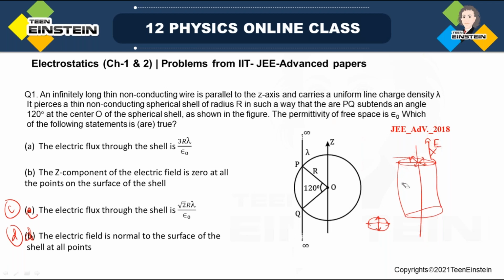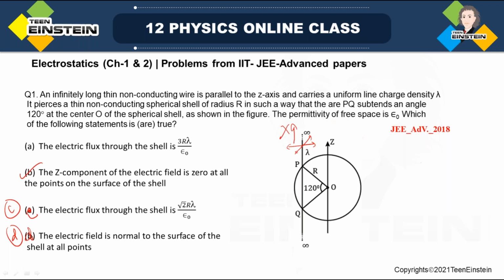So look at the second option: the z component of the electric field is 0 at all points on the surface of the shell. This is correct, because the electric field will be in this direction, this direction, this direction, but not along this direction.